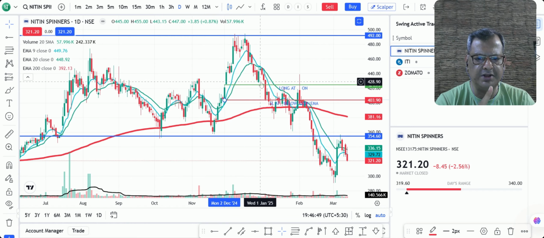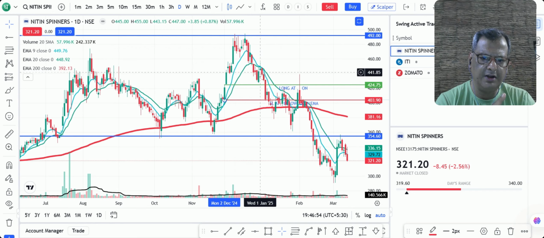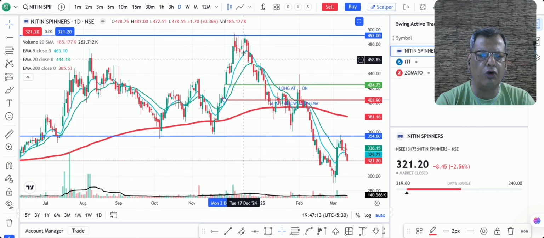So instead of trailing, had you followed this strategy, after the close of this candle, you would have sold at market the next day. So you would not have made much money from here to here. If you have been trailing or following some other strategy, you would have gotten out early.